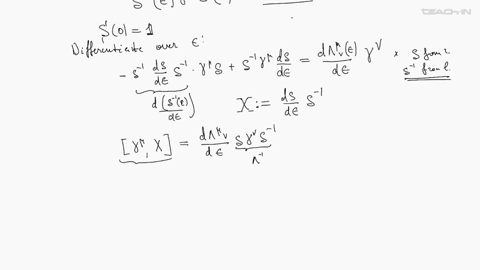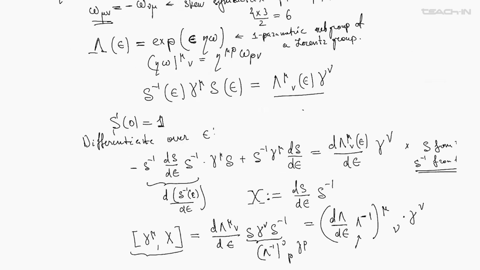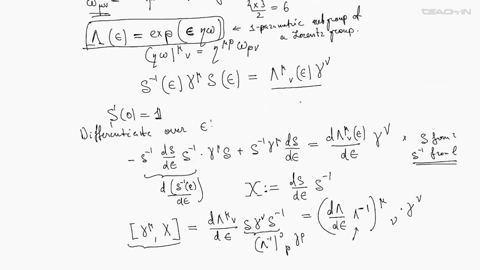And therefore, when I substitute it here, I will get d lambda over d epsilon, lambda minus 1, product of these elements. And then within this is mu and nu, multiplied with gamma nu. This is what I get. And if you substitute here now our solution for this one parametric subgroup, so this expression, to the right-hand side, compute d lambda over d epsilon multiplied by d lambda over d epsilon multiplied by lambda minus 1.